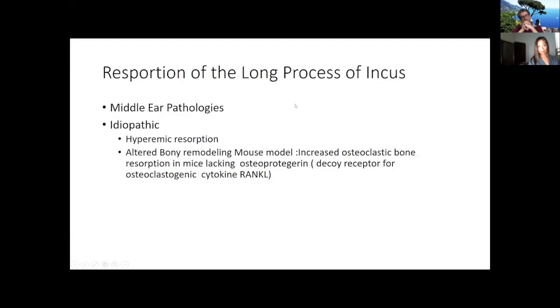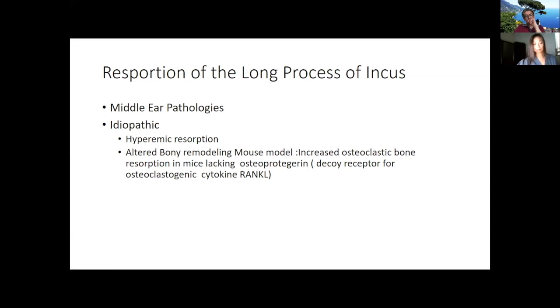So this is a case of resorption of the long process of incus, and I've seen it in two settings. One setting is when you have some chronic inflammation of the middle ear and mastoid, or you can see it idiopathically where the mastoid looks completely clean. In terms of the theory for why it happens, one theory is that instead of having fewer vessels, this area actually has more vessels than normal.